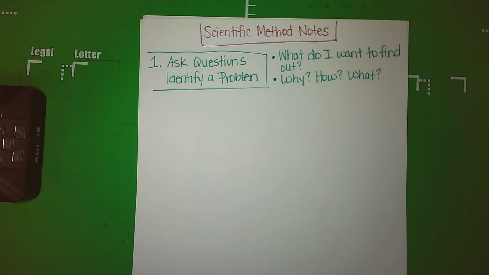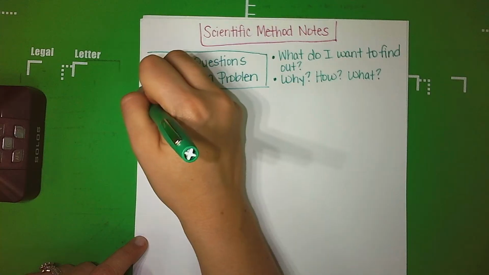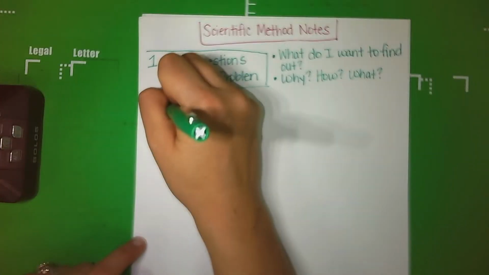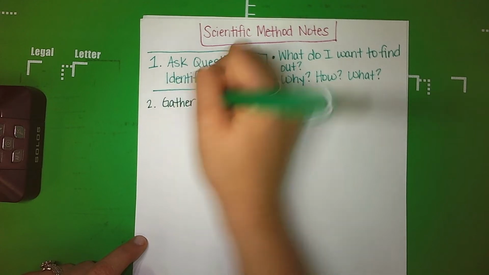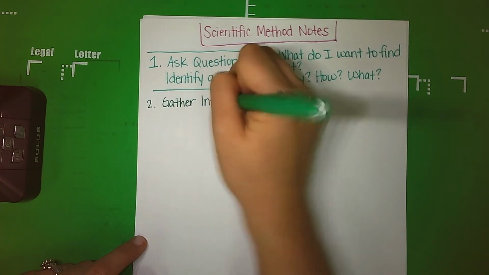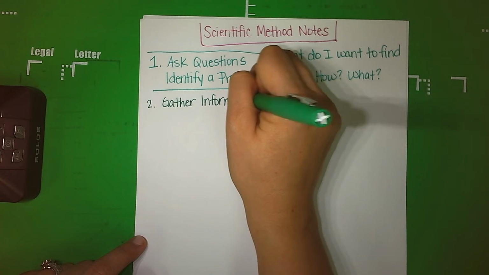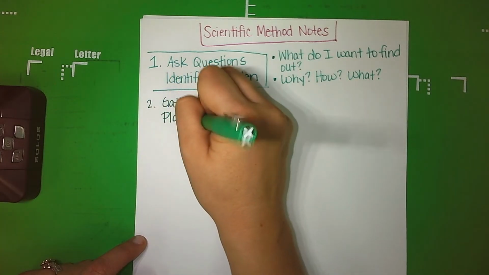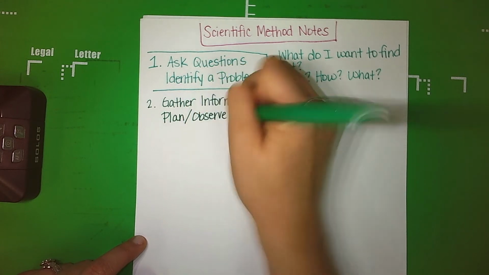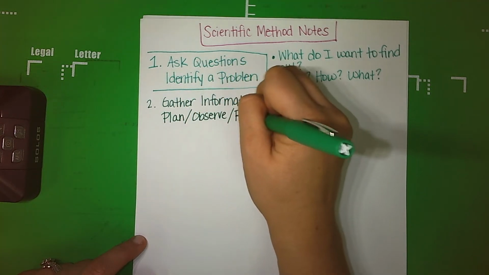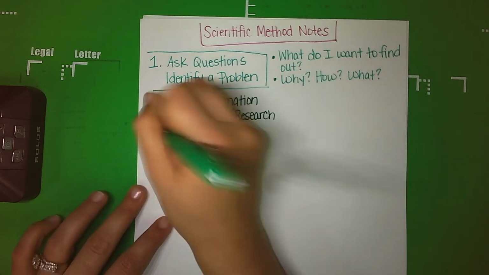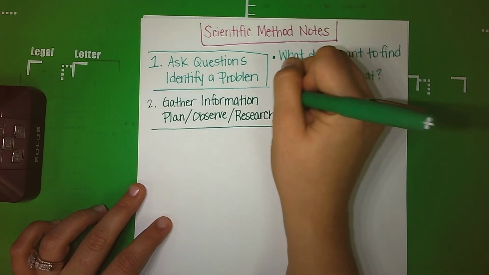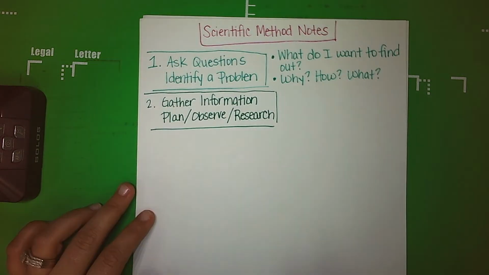Okay, so after you have your question, you figured out what direction you want to go in, you are going to gather information. This is where you're going to plan, observe, and research before you start your experiment. Okay, it is very, very important that you do that.